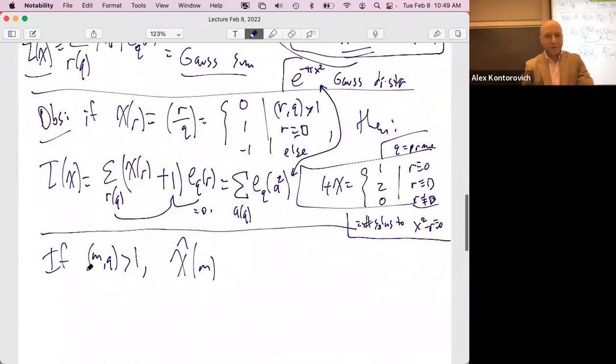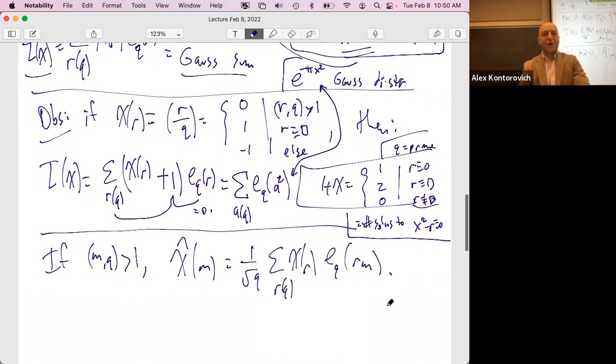If they're not co-prime, let's look back at what this Fourier transform is. Sum over r mod q of chi of r, e_q of rm. Well, funny things can happen. So here, this is the only place where we'll make the distinction between primitive and imprimitive characters. Everything else that I have to say is a general fact about functions on Z mod Q, on the Hilbert space.